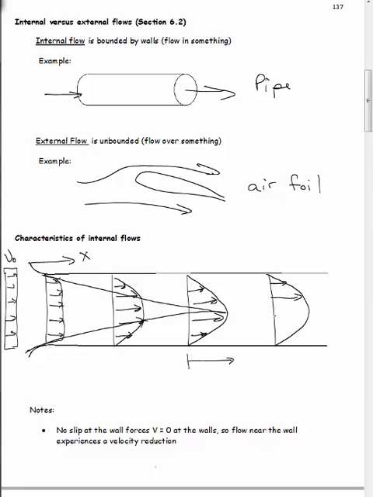If the velocity is not changing in the flow direction, that is called fully developed. So now we're at the fully developed region. And that means u is a function of r only at this point, not x. And the boundary layer has met in the middle.